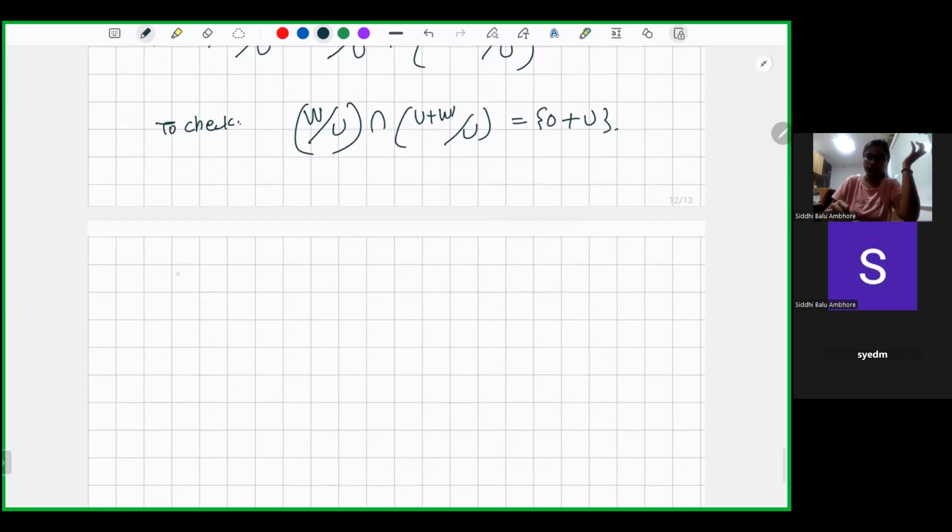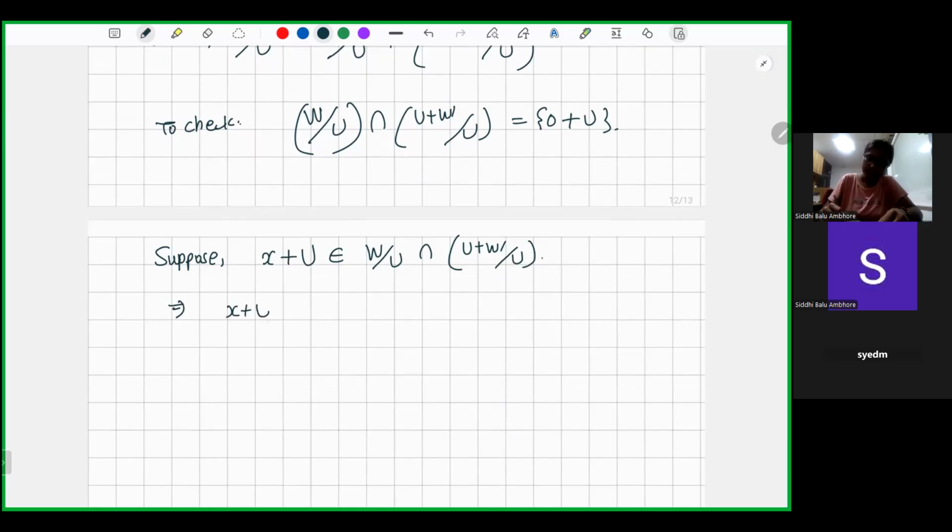So suppose I take some element. Suppose X plus U belongs to the intersection, W quotiented by U intersection U plus W dash quotiented by U. So this implies that X plus U will be some W plus U for this W in W, right? Because it is in the intersection, so it belongs to both the sets.